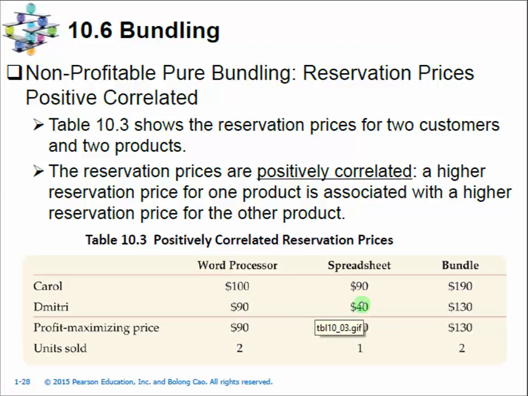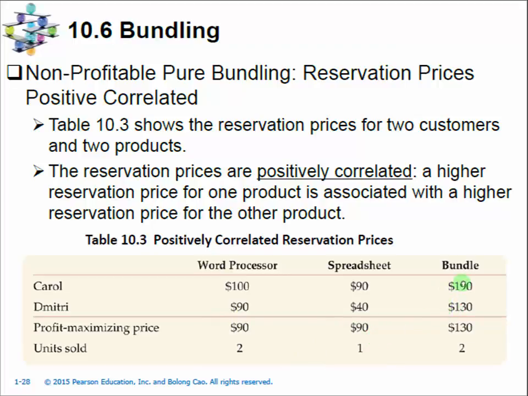It's $10 less than if we only sell to Carol at $90 per unit for a spreadsheet. So the total producer surplus we can get from selling the products separately is 2 times 90 plus 90, that's $270.